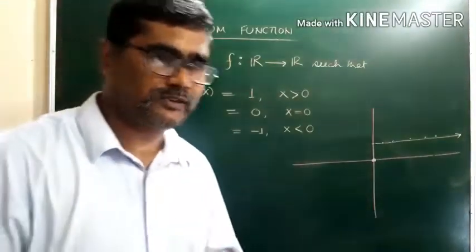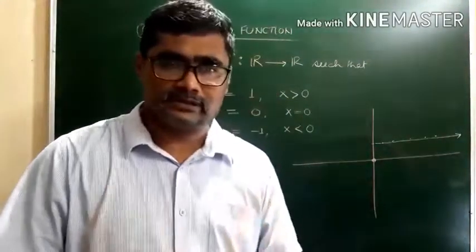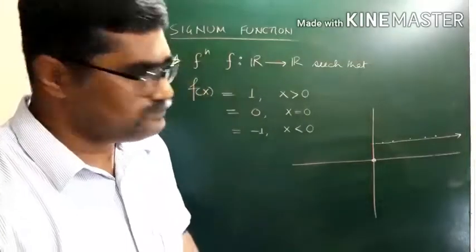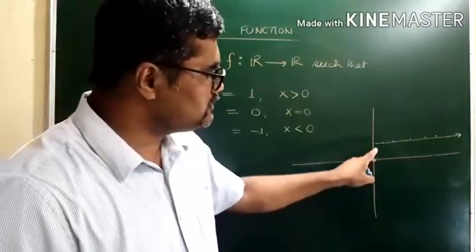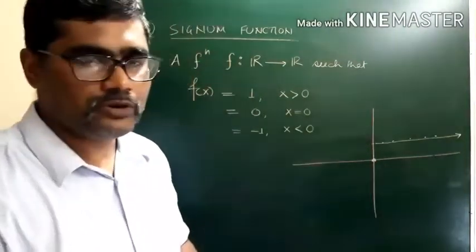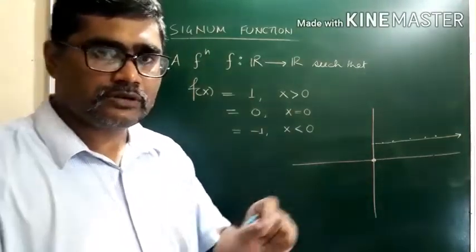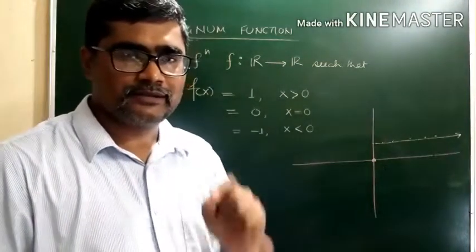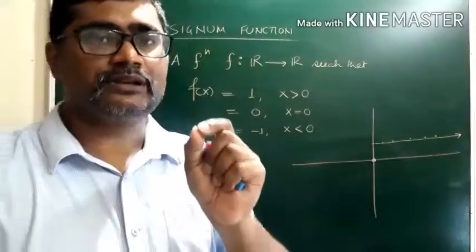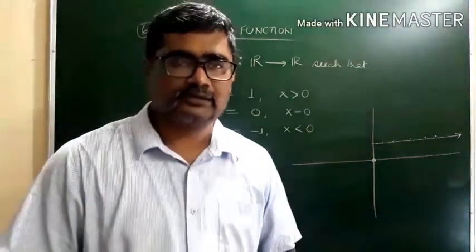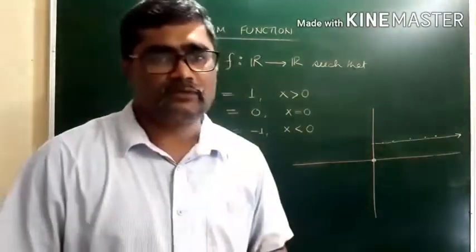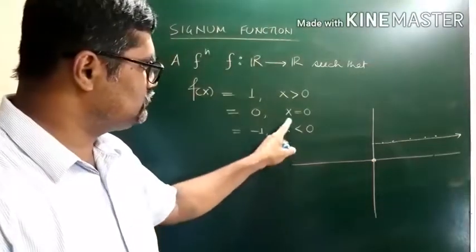Anyway, I am not very perfect in drawing the graph. Just understand that. But do you feel that this graph is going to intersect or touch the y-axis? No, because touching or intersecting the y-axis means x coordinate is 0, and once x is 0, value of y should be 0.